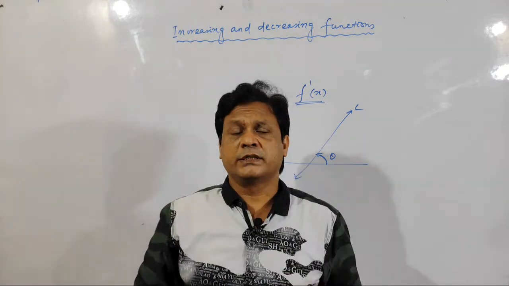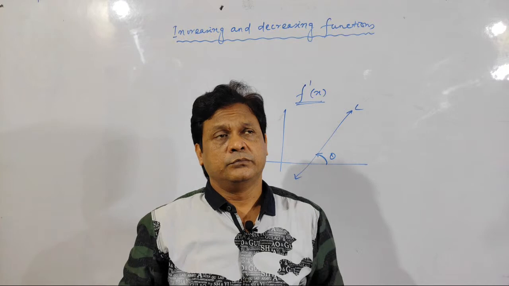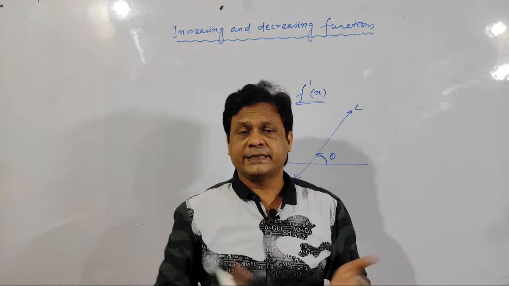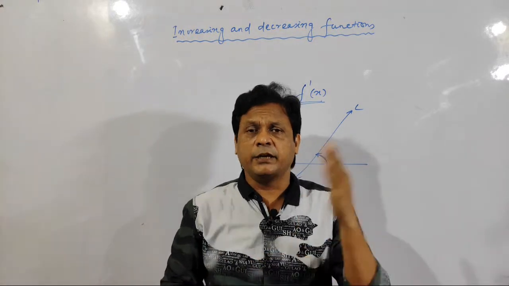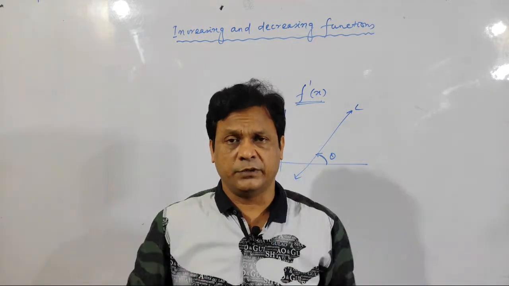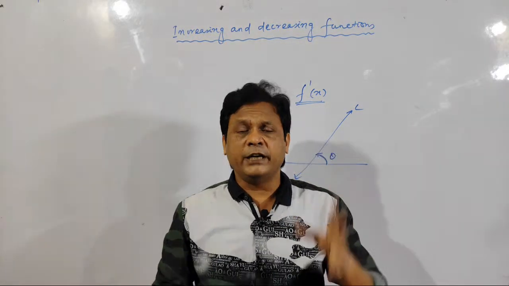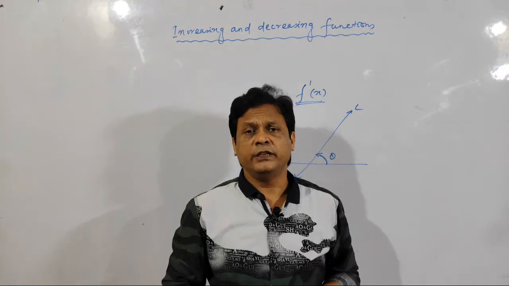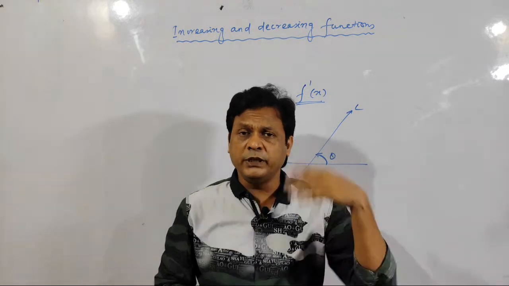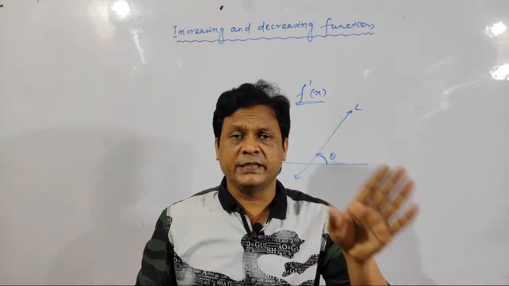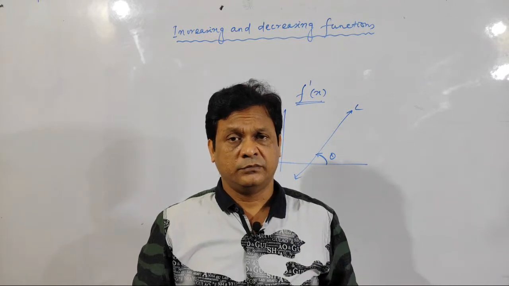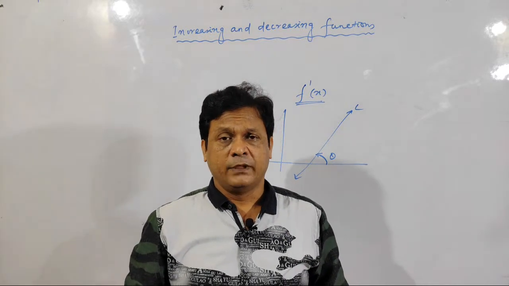Many students, approximately 70 to 80 students, are saying that increasing, decreasing and maxima minima are very difficult chapters, and 80% of students are omitting those chapters. And if you omit those chapters, you cannot read BSc or BTech. Clear?